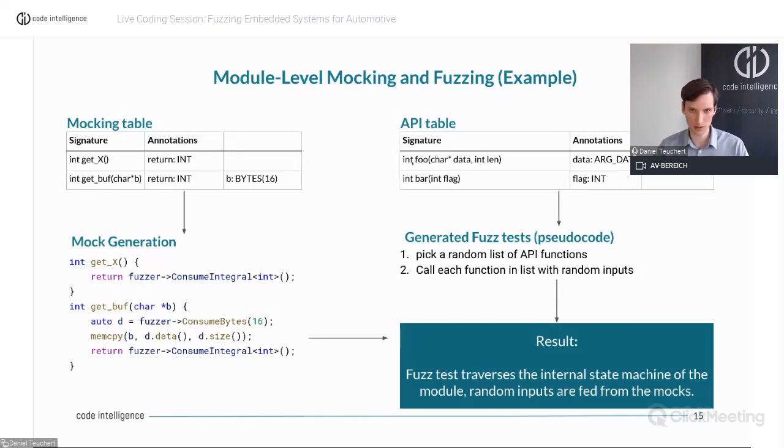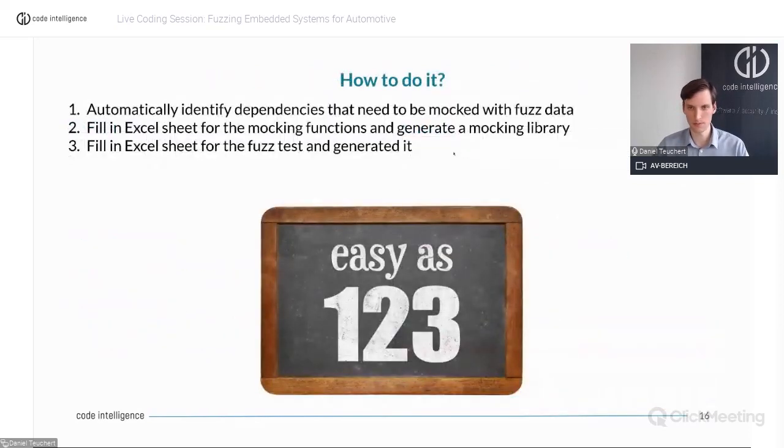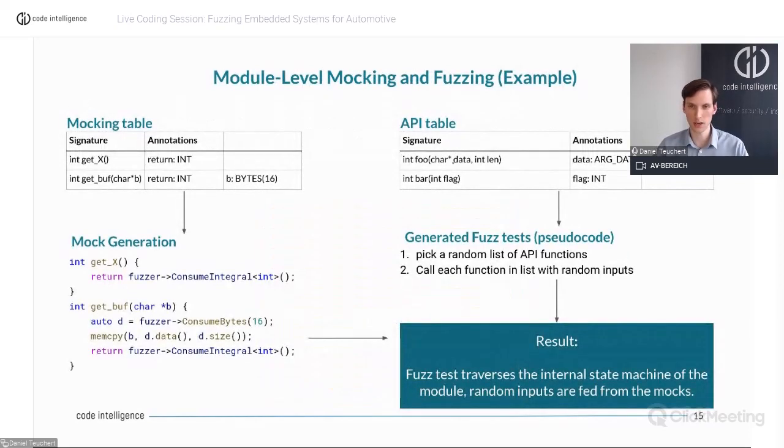So for example, this function called foo is a function that as the first parameter takes a pointer to a char array, and the second parameter is an integer called leng. And most likely this char array has a dynamic size, and the size of this array is given in the second argument.